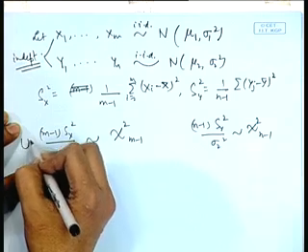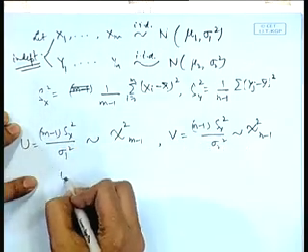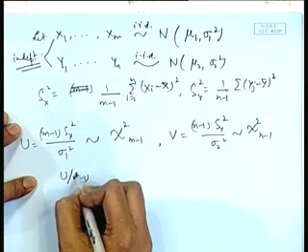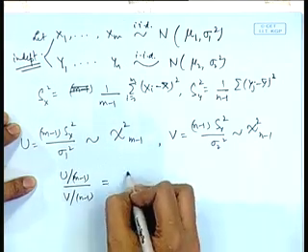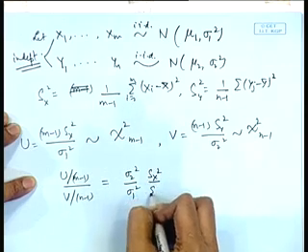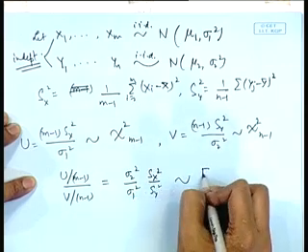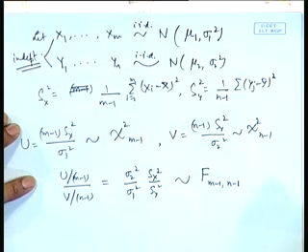Let me call the first the U variable and this the V variable. Then if I take the ratio U/(m minus 1) divided by V/(n minus 1), this is nothing but sigma2 square/sigma1 square times Sx square/Sy square, that follows F distribution on (m minus 1, n minus 1) degrees of freedom.